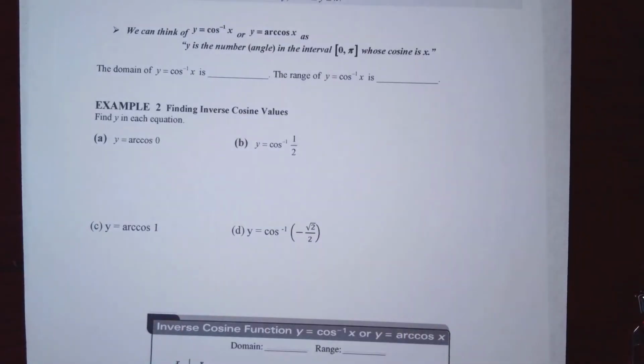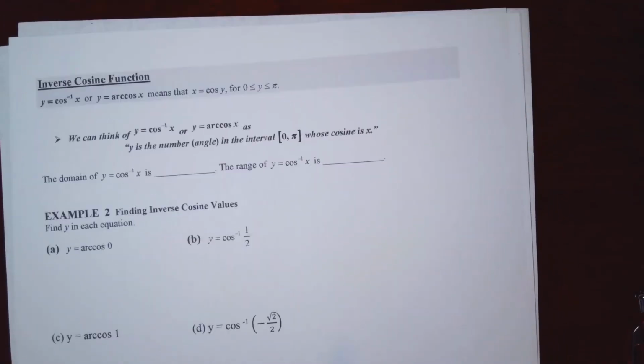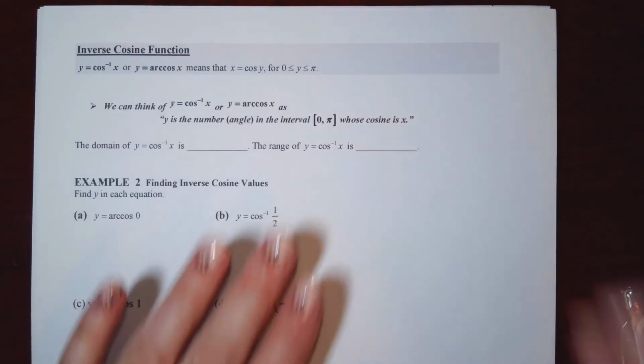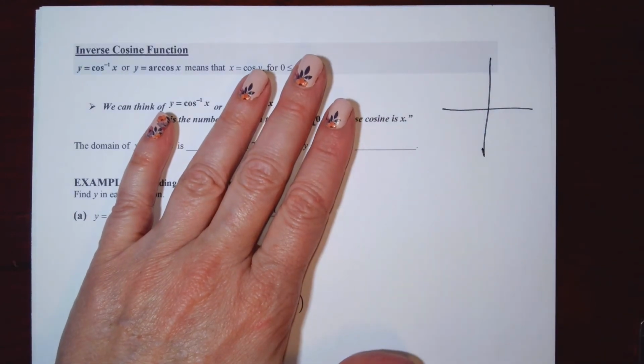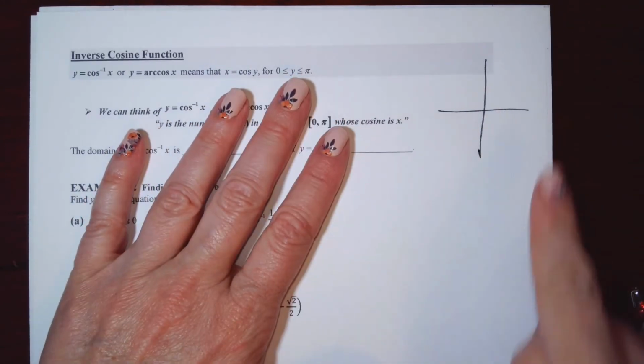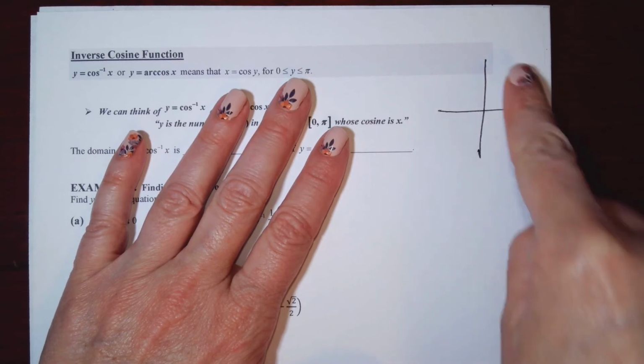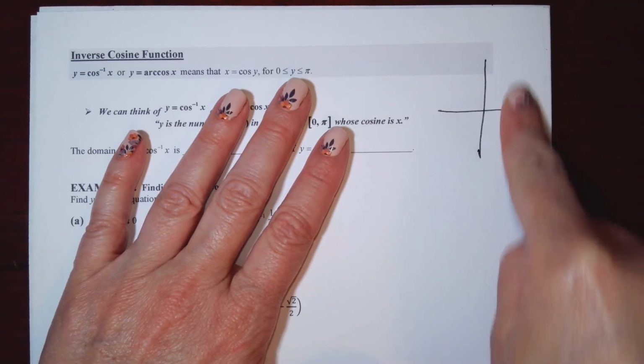Where my inverse sine function was restricted to quadrants 4 and 1, for inverse cosine we need to think about 2 quadrants, where we have a positive quadrant and a negative quadrant. Well, cosine is positive over here in quadrants 1 and 4, so we're not going to use those 2 quadrants.